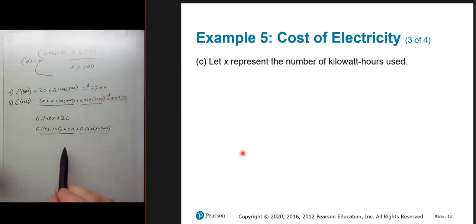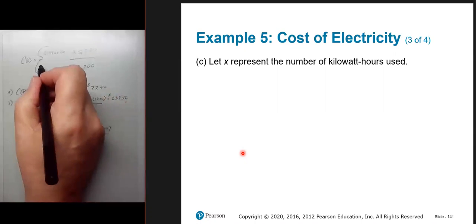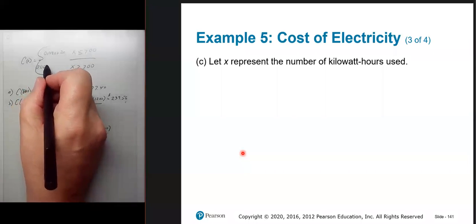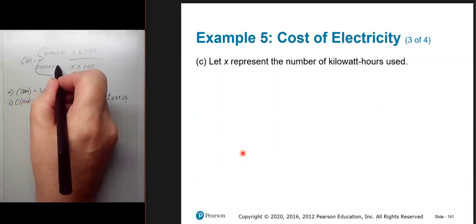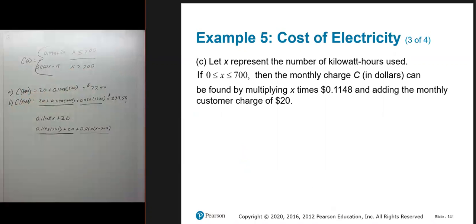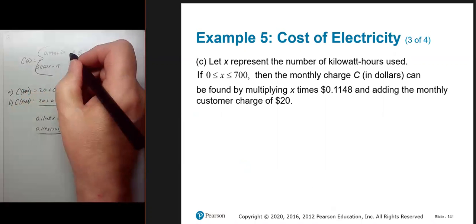And so we can simplify, and what we wind up with is 0.1160x plus 19 something. I can't remember what it is right now. And so that's what they do.